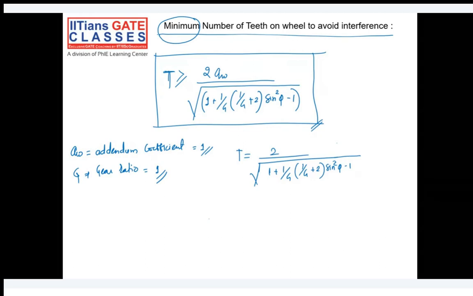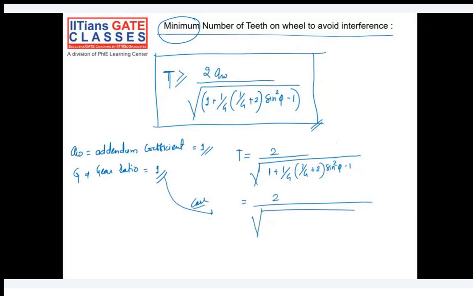So ultimately, why are you using gear trains? Just to transmit the motion from one shaft to the other with the same velocity. So the gear ratio is 1 basically. So how will this formula look? A simplified version of it. For this particular case, under root of 1 plus 1 upon G will be 1, 1 upon G again 1, plus 2 will become 3, so this will become 3 sin square phi minus 1.